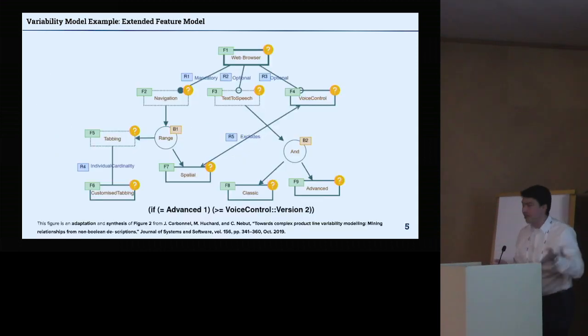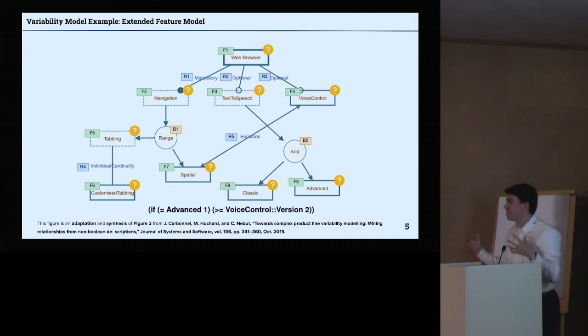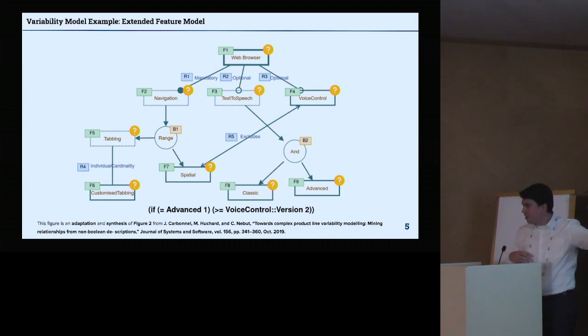And what do they look like? Well, here's a concrete example. This is a variability model for an accessible web browser, taken from a publication cited at the bottom. What you can see here is that the boxes represent the features, so the components of the system, if you will, from a user-facing perspective. The relationships between the boxes represent the variability, whether the inclusion of a certain feature is mandatory or optional.